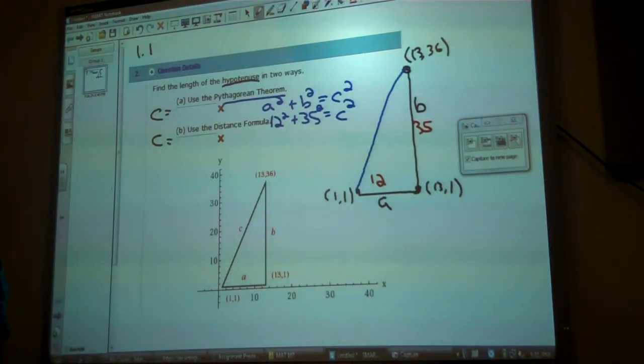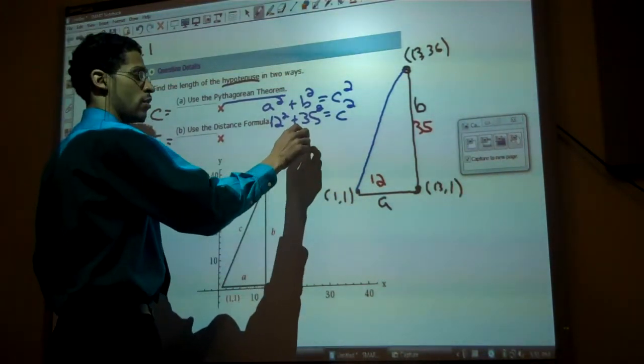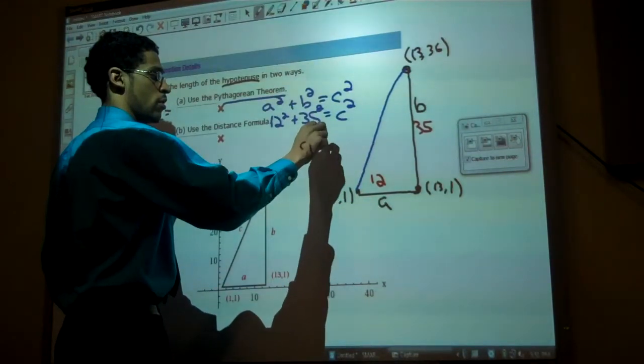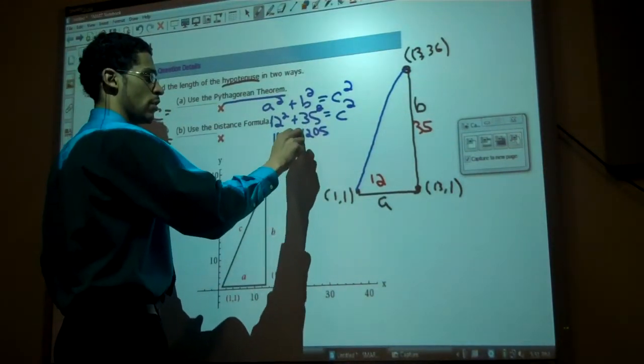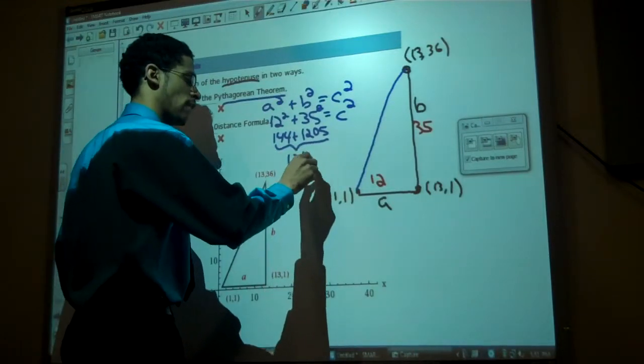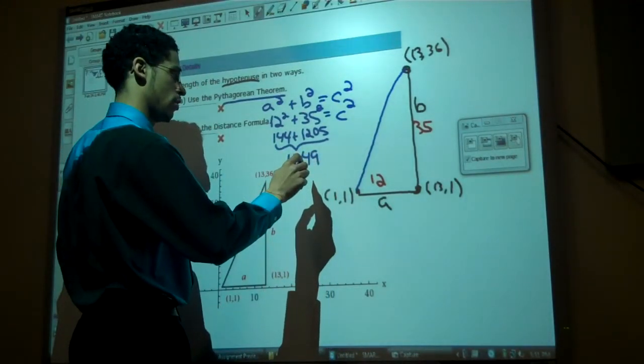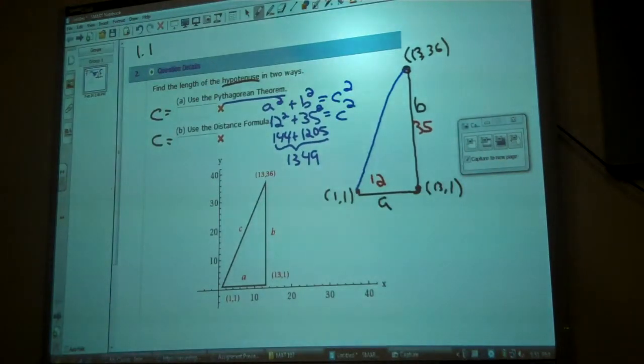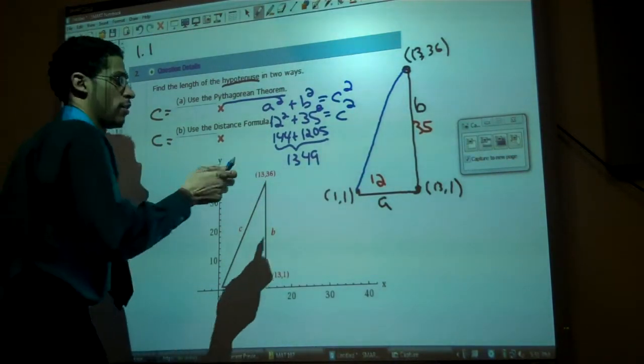35 squared is 1,225. Add those together, 144 plus 1,225, to get 1,369.